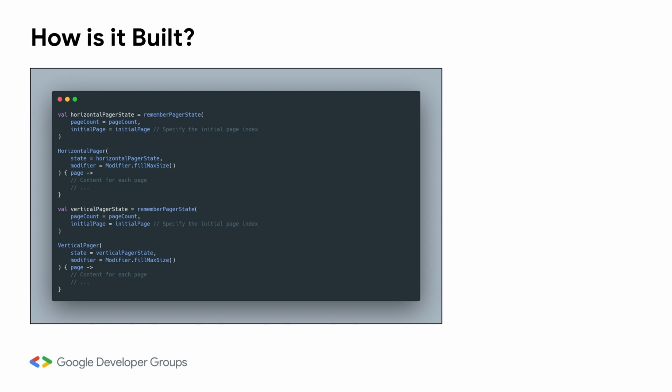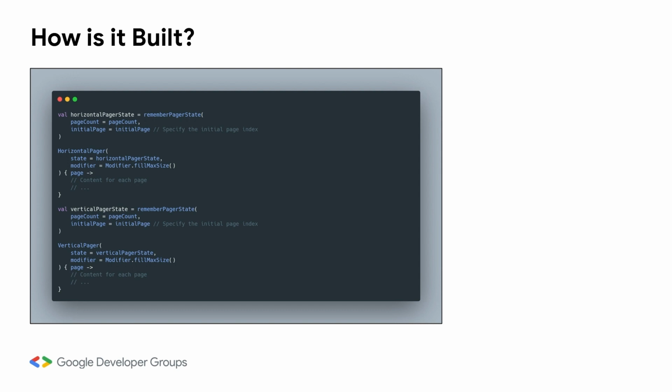So you can provide the initial page, and then use the HorizontalPager composable that's provided by Android, pass in the state, and you get back the page in the lambda, and you can use that to render content for that page, whatever you need. Same is the case for the vertical pager as well. All right, I hope that has not been too hard to understand.